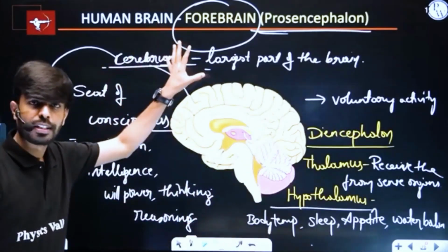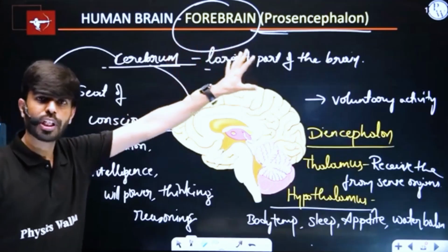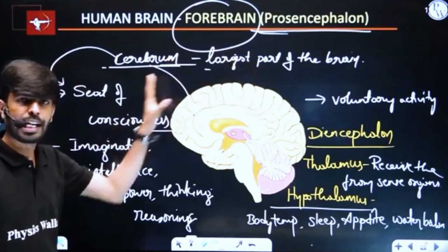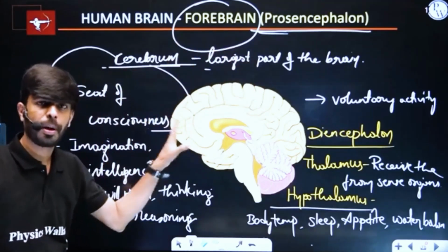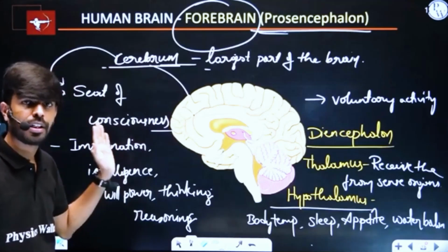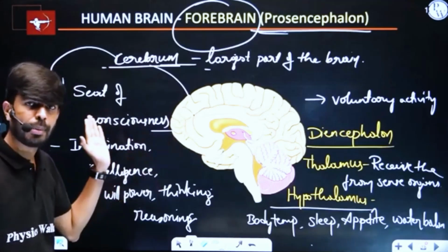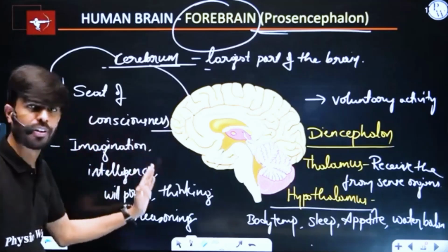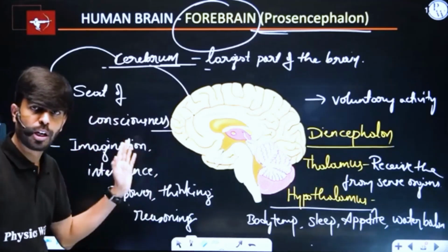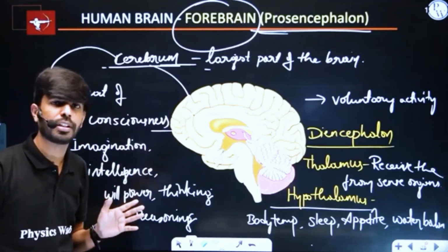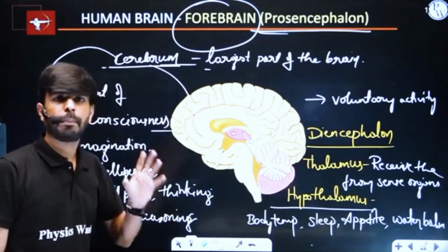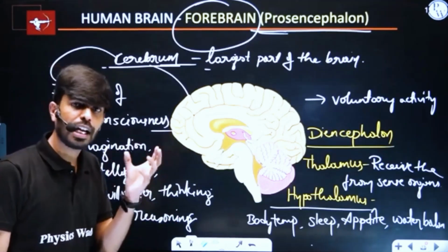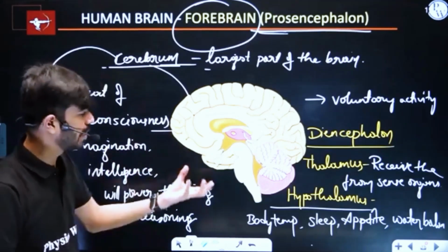Cerebrum functions: they are controlling over the voluntary activities. It is also called seat of consciousness because it is the site of intelligence, imagination, thinking, reasoning as well as the willpower. And it is also responsible for storing the memory. Memory is information which is acquired by the sense organs.